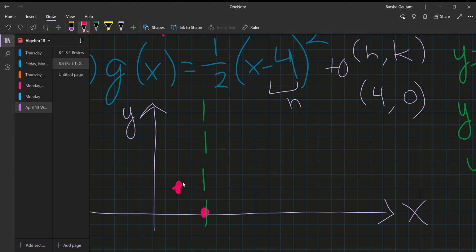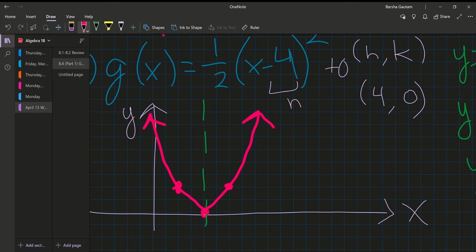It's 2 points to the left of the axis of symmetry, so that means we're going to go 2 points to the right. So we can draw one right over here. So our line is going to look something like this. Let's connect them now. It's going to look like that.